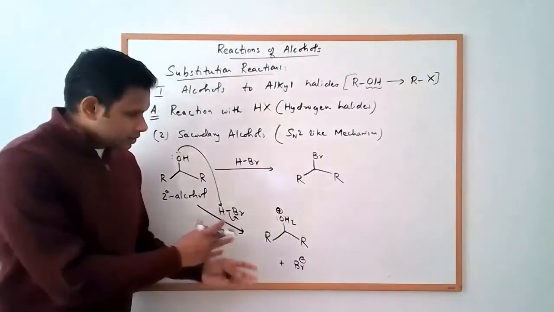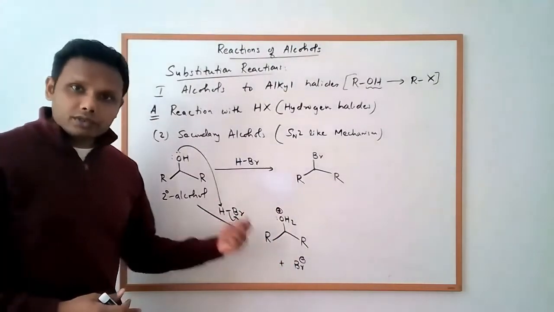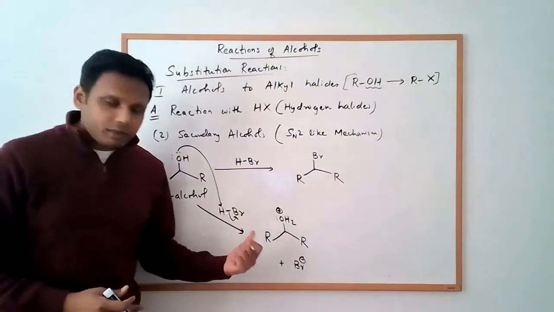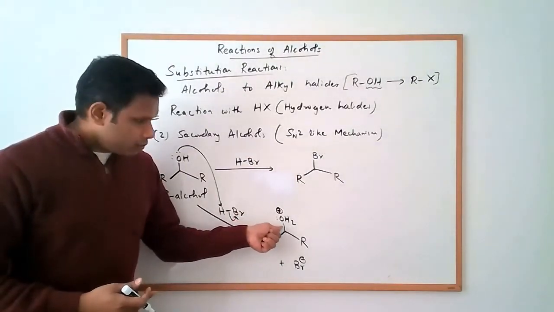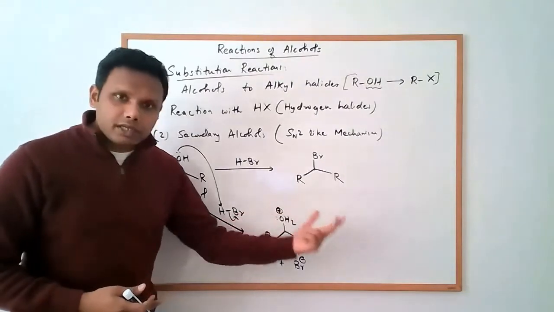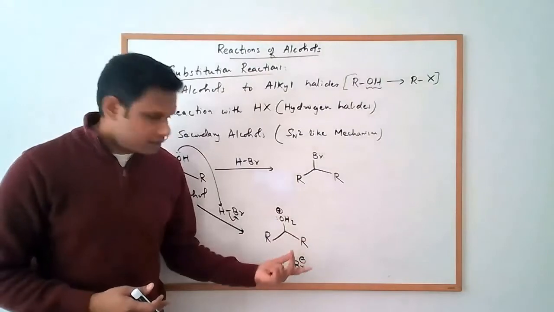Now this is where the mechanism differs from a tertiary alcohol. In a tertiary alcohol, this good leaving group leaves to generate a carbocation, and then the Br minus, the halide, attacks.